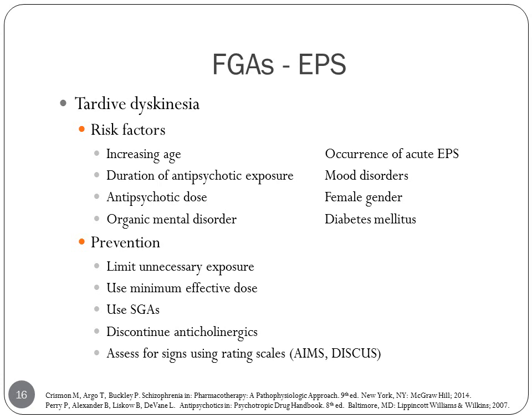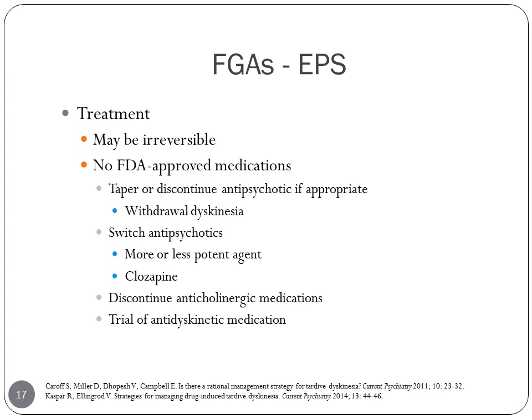And then we can also assess for signs using rating scales like the AIMS and DISCUS. Typically, the psychiatrists are the ones that do this. It requires quite a bit of training to figure out how to assign the scores, but I just want to make you aware that those are available.